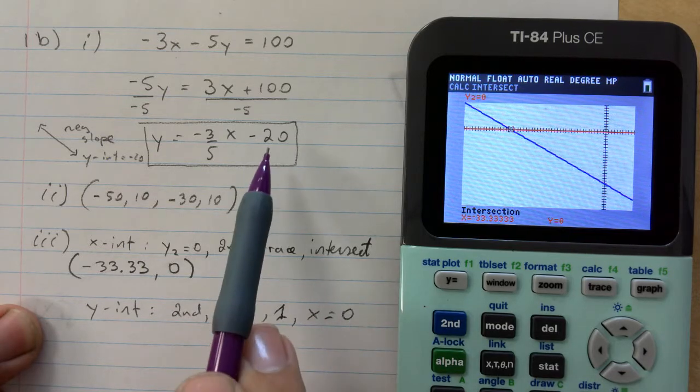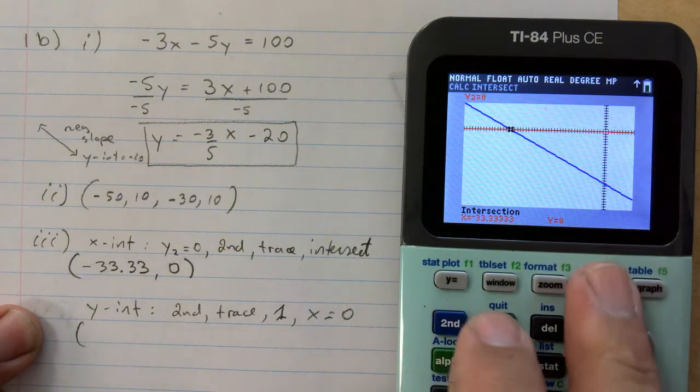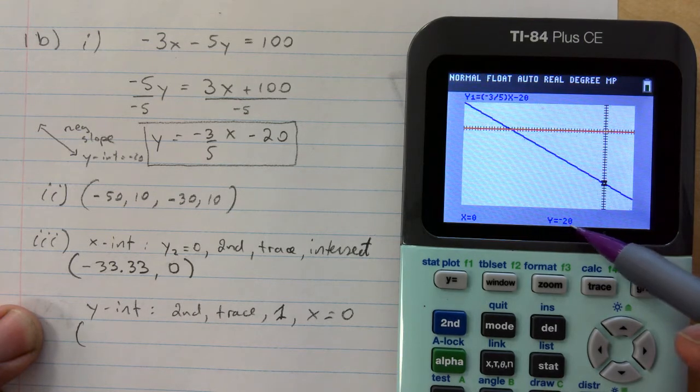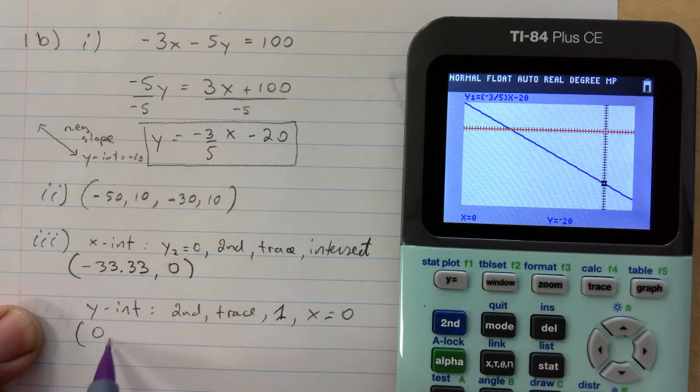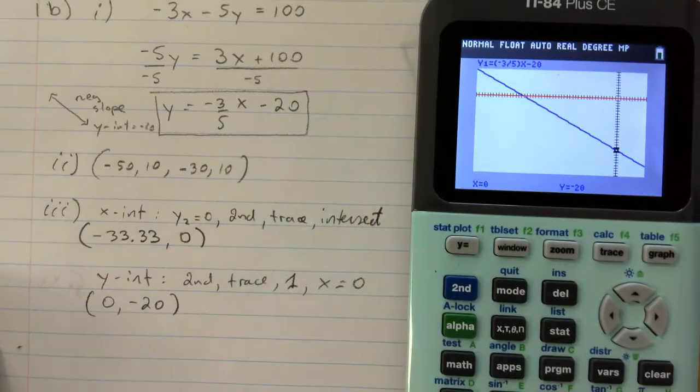We know that's supposed to be negative 20. We're still going to go through the motions here. So second trace 1, x is equal to 0, y is equal to negative 20. Watch there, right? So you found the x-intercept and y-intercept.